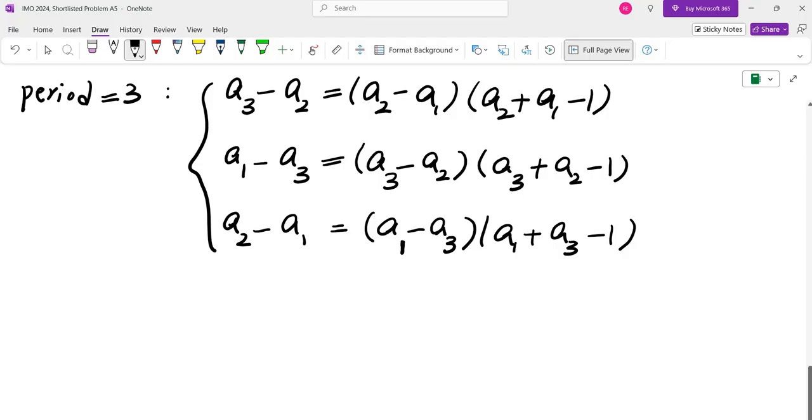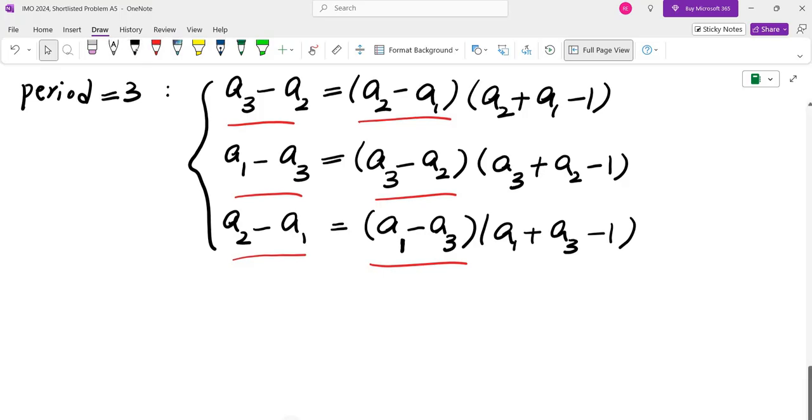So I wanted to really solve for the unknowns, but it's a little bit more complicated than a linear system. So I decided to multiply these because of the symmetry that I have here. And if I assume that all of these are non-zero, which I can assume, because if two consecutive terms are the same, then everything is going to be the same.